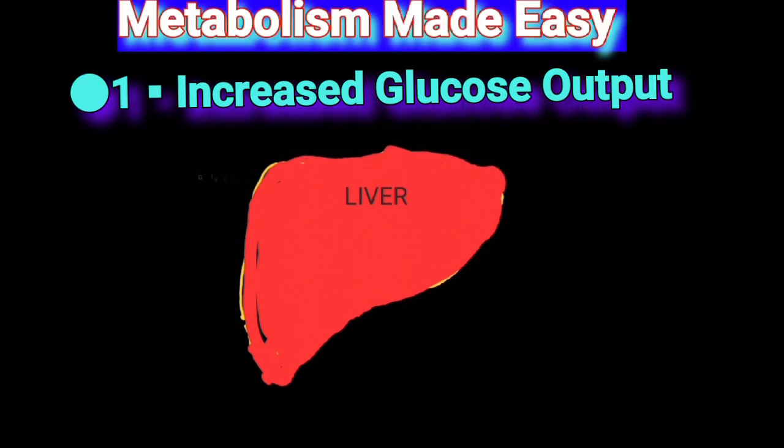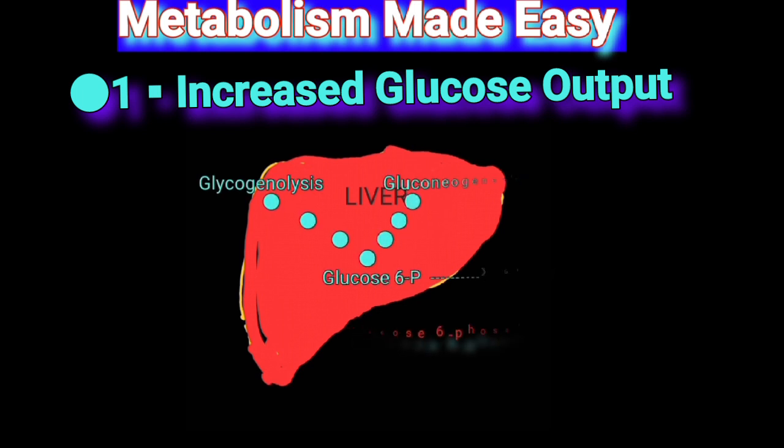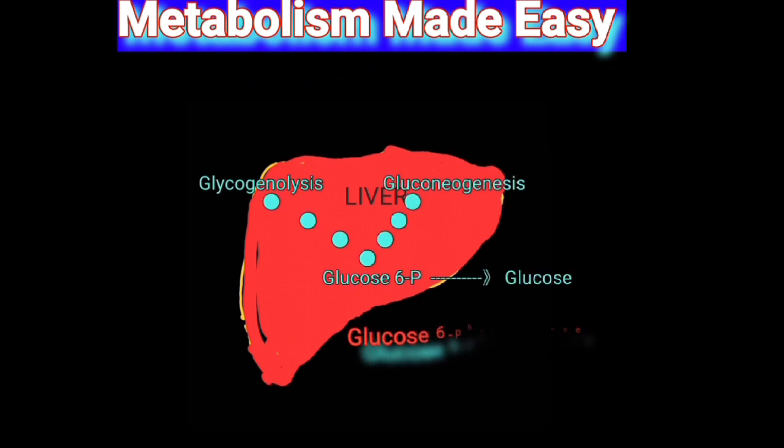Glucose production in the liver is a coordinated process between glycogenolysis and gluconeogenesis.